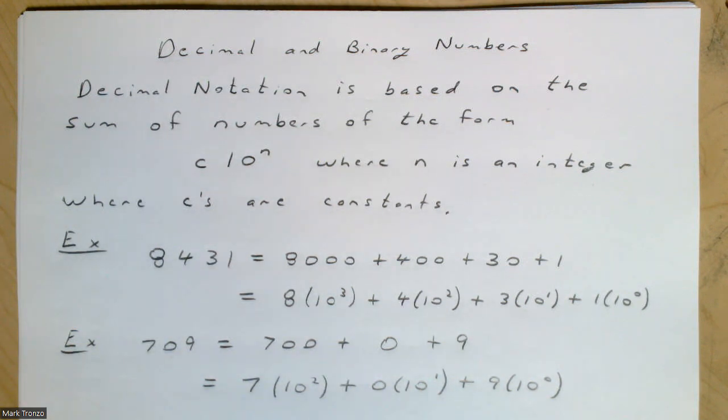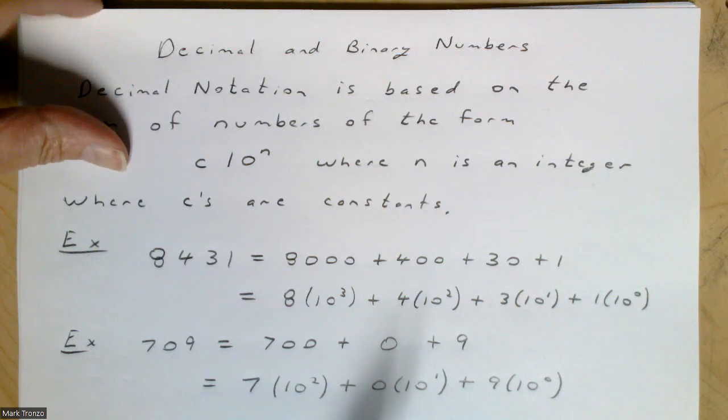Now the binary system is based on powers of 2. This was based on powers of 10. The binary numbers are based on powers of 2.